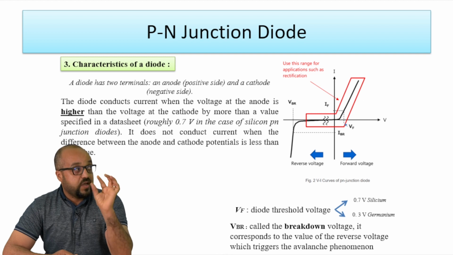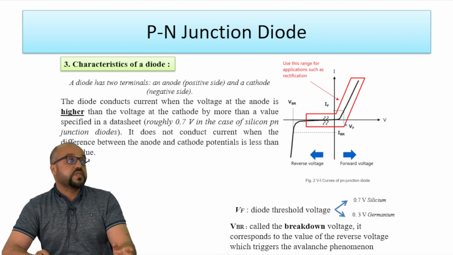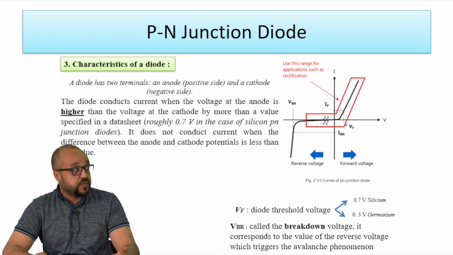It's called VF. VF is the diode threshold voltage, which depends on the constructor or materials, and is equal to 0.7 volt for silicon and 0.3 volt for germanium.